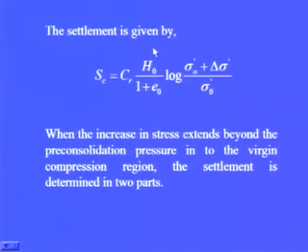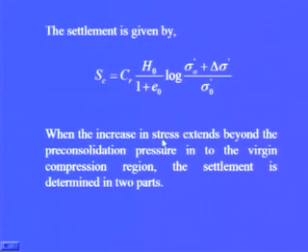It means this total stress range is less than sigma c dash, and hence this is the case of pre-consolidated clay. Then the settlement is given by Sc equals Cr H0 upon 1 plus e0 times log of sigma 0 dash plus delta sigma dash divided by sigma 0 dash.